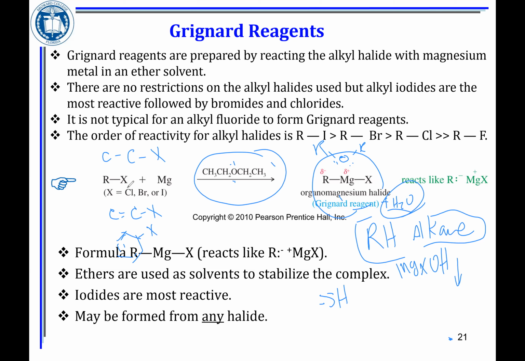It finishes the first step of the reaction, and in the second step, you add water, you protonate, or you hydrolyze. You add water, and you would destroy the leftover of Grignard reagent.